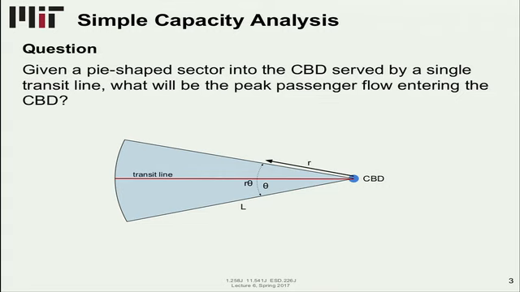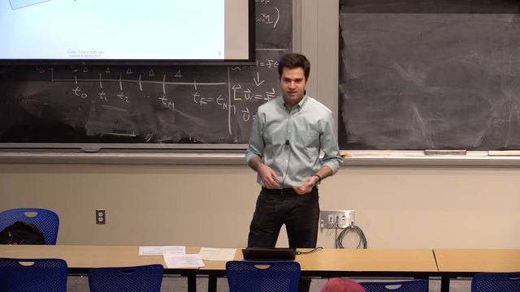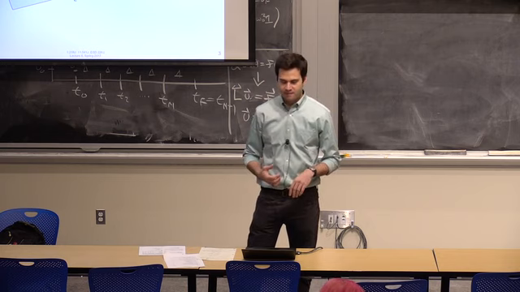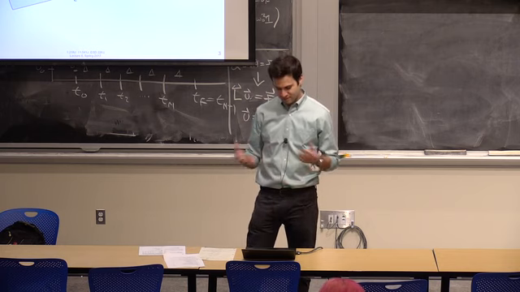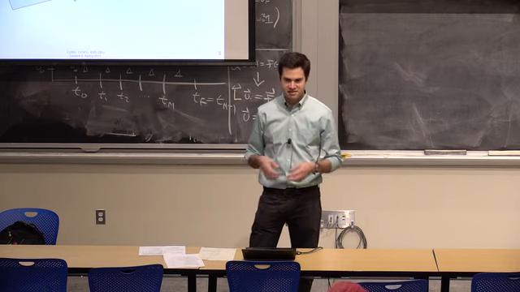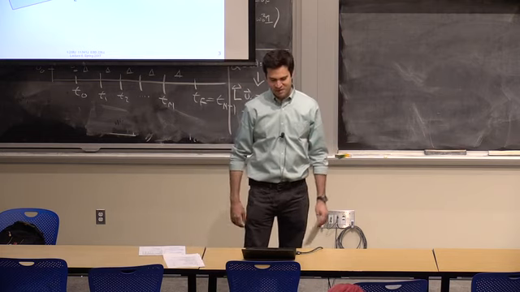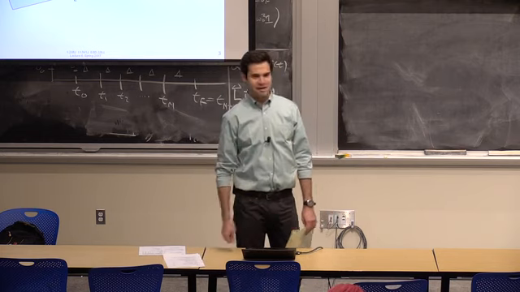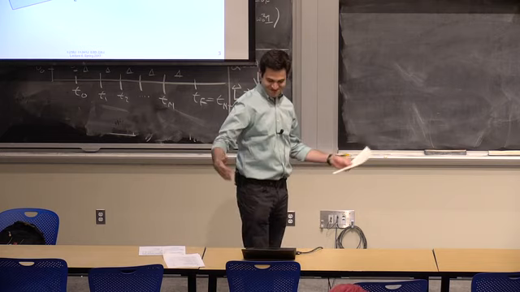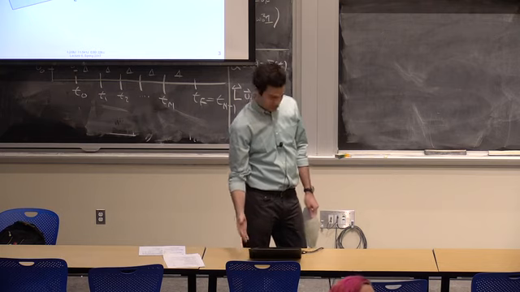That might give you an idea of what mode you need, right? Can you run a bus system? Do you need a light rail, a BRT, a heavy rail? And you might have some statistics about the city in question, so you can make some assumptions. You can draw this on the back of a napkin and do some calculus with it if you want to. And that's what we're going to do.